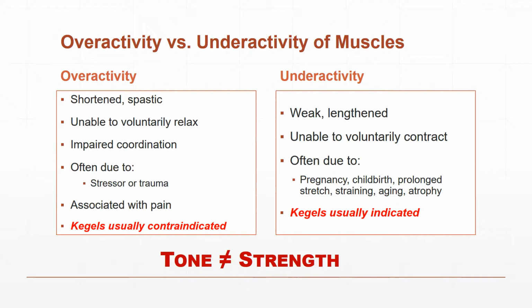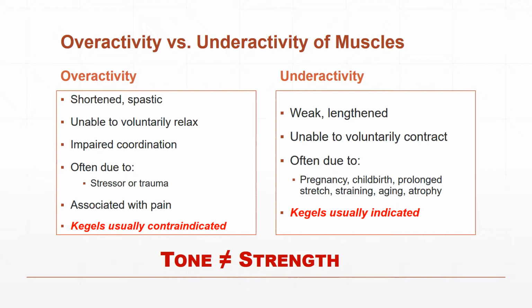You want to palpate whether it's tight, shortened, atrophied, anything like that. And you don't want to just look at them, right? So the same thing goes for the pelvic floor. You want to be able to get a good feel by palpating what the muscles are doing.